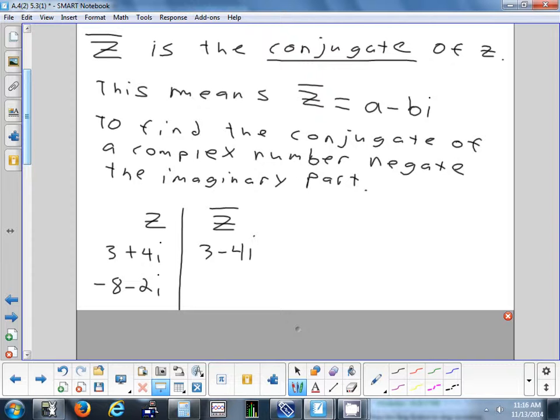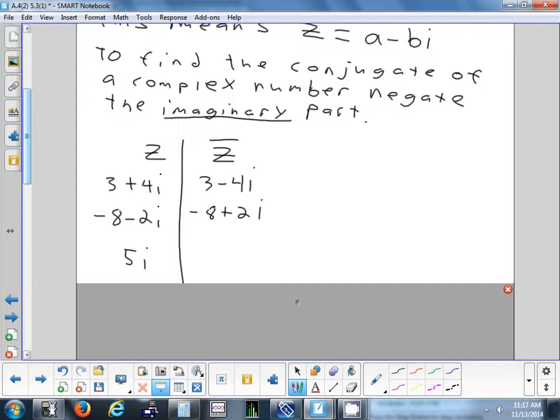How about the conjugate of negative 8 minus 2i? 8 plus 2i? When you change the sign, just change the sign on the imaginary part. All right, negative 8 plus 2i. Yep, good.